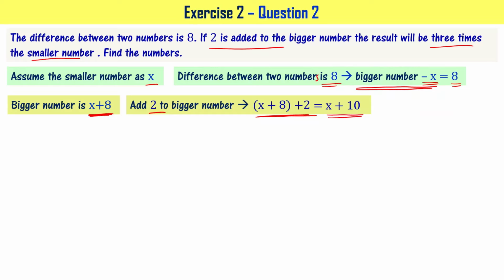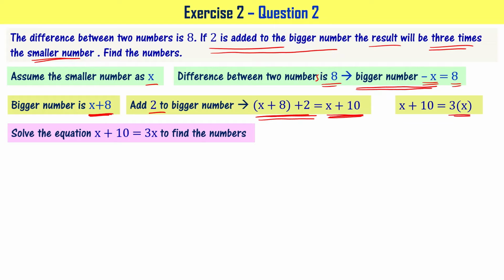The resultant number, whatever you get by adding 2 to the bigger number, that is x plus 10, will be equal to 3 times the smaller number, meaning that is equal to 3 times x, right? x plus 10 equal to 3x is the equation we want to solve. When you solve this, you will get the value of x. Once you get the value of x, you can get the bigger number by adding 8 to it.